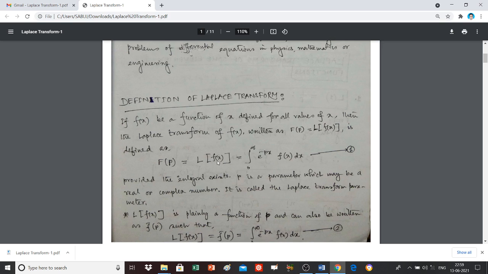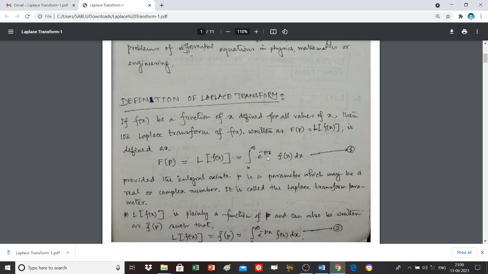So F(p), that is L of f(x), is equal to the integral from 0 to infinity of e to the minus px f(x) dx, provided this integral exists. Unless this integral exists, you cannot find the Laplace transformation of the function f(x).